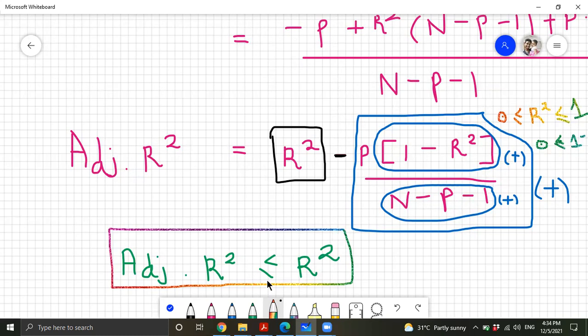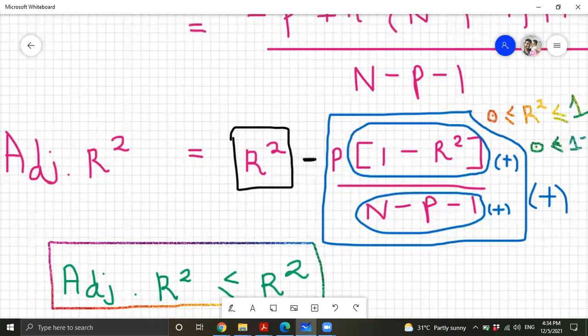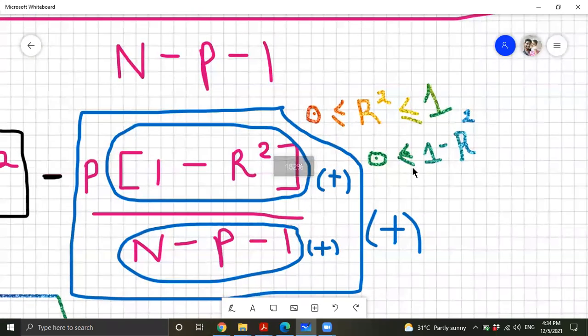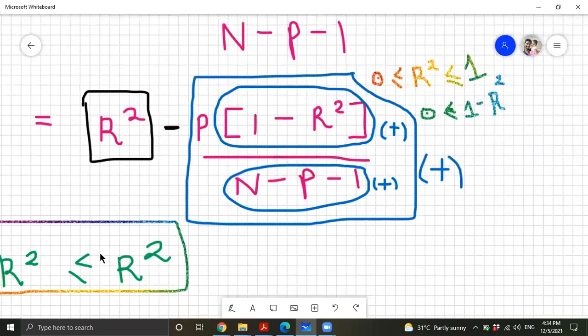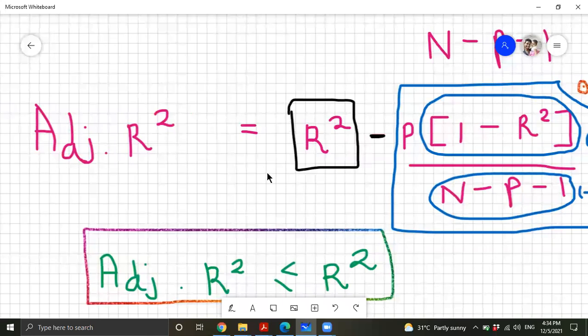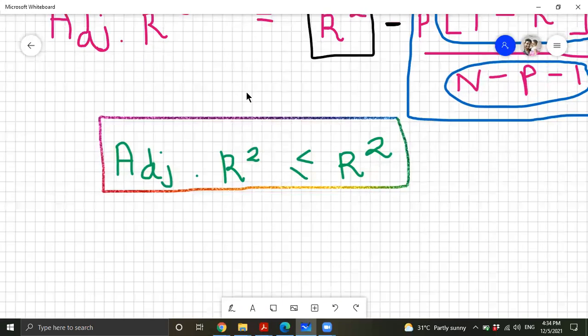Yes, the equal sign should come because R square can be 1, so 1 minus R square can be 0. If 1 minus R square is greater than 0, then only the less than sign applies. But when 1 minus R square is 0, this whole term will be 0, and at that point adjusted R square will equal R square.